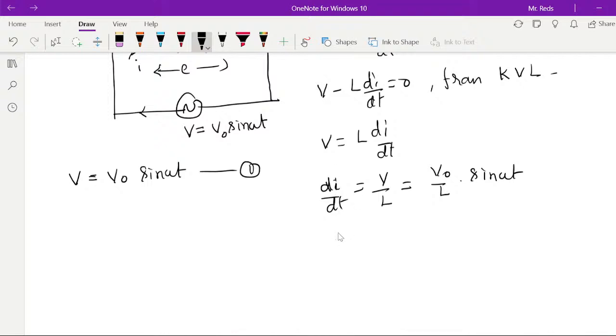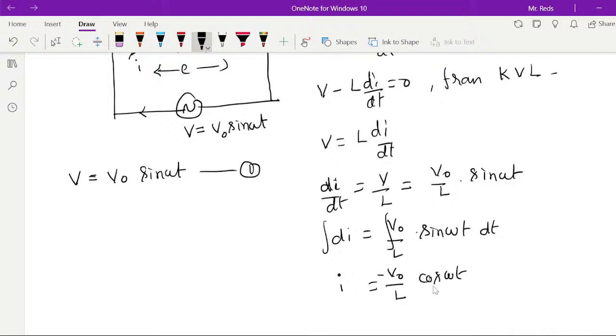To get the current, you can rewrite this as di is equal to V naught by L into sin omega t dt. If you integrate on both sides, we get the integral of di, which is I, equal to V naught by L into the integral of sin omega t dt, which is minus cos omega t by omega.